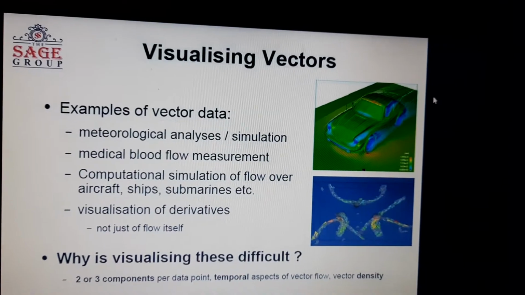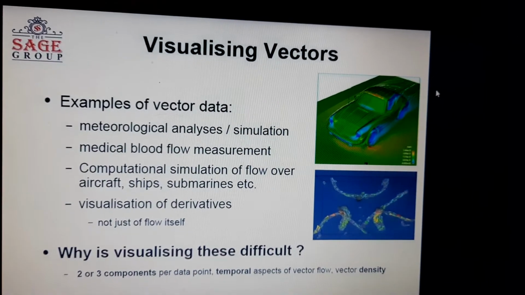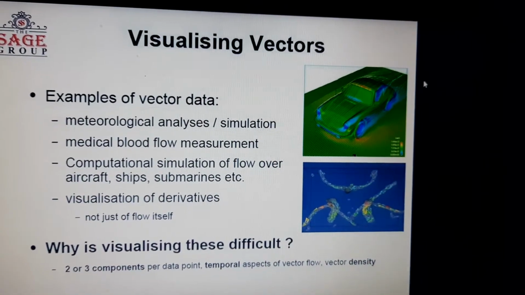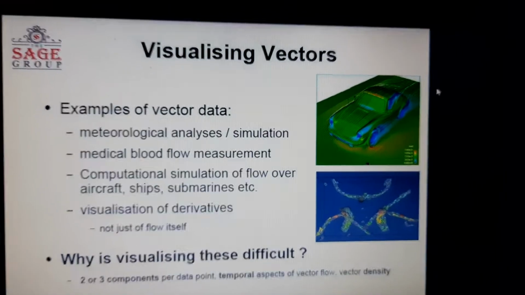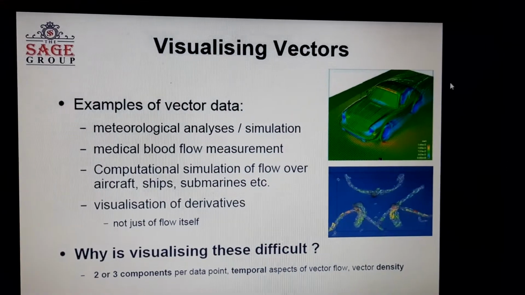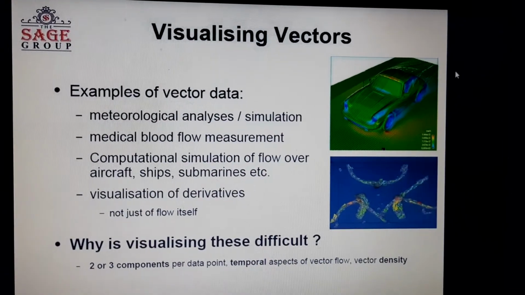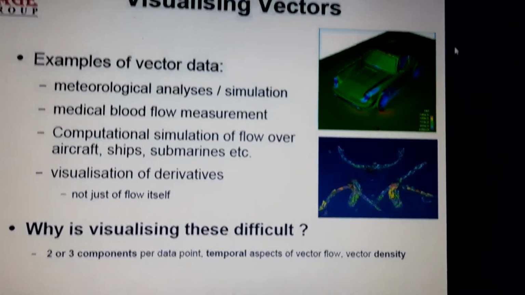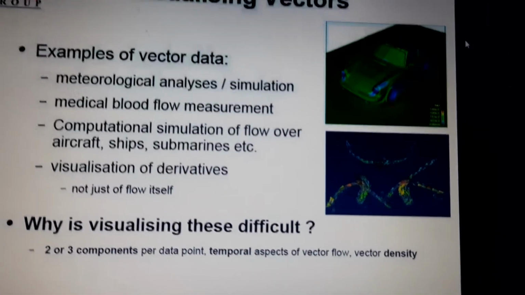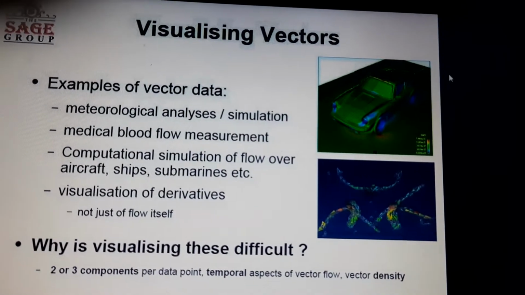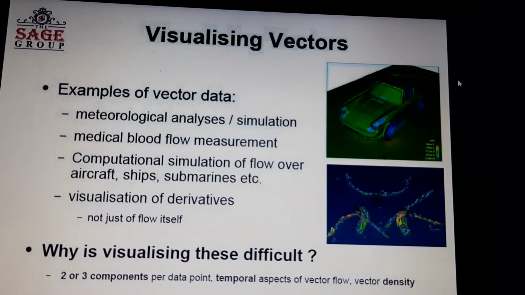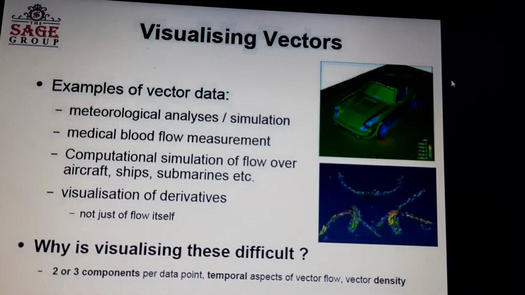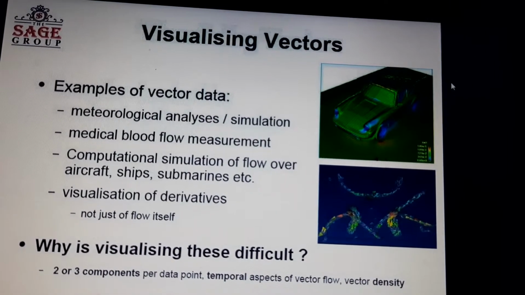Examples are meteorological analysis, medical blood flow measurements, computational simulation of flow over aircraft, ships, submarines, etc., and visualization of derivatives. Okay. Now, why is the visualization of these things difficult? It is difficult because we have to display 2 or 3 components per data point.